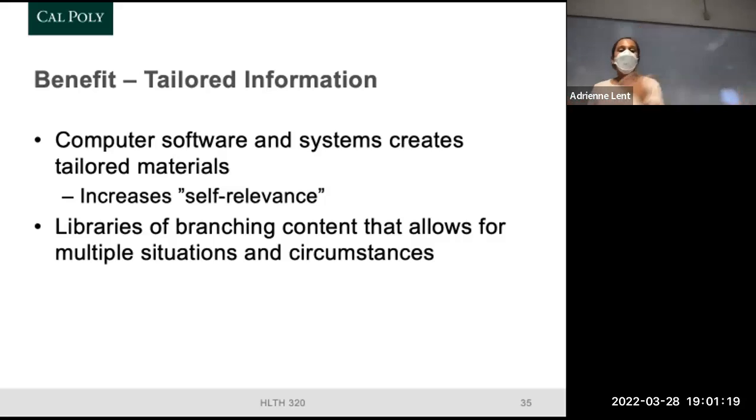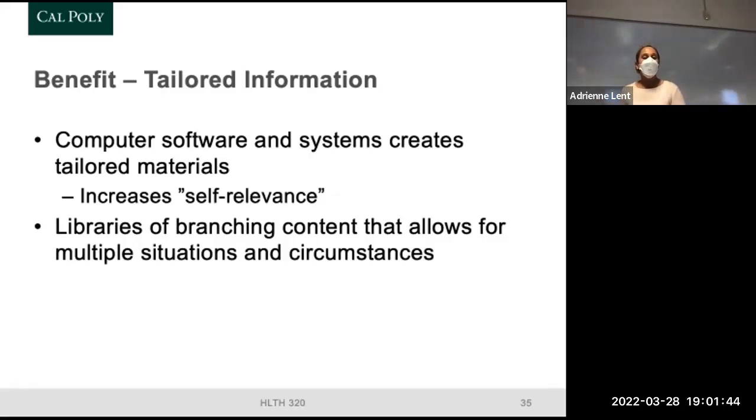So we can actually tailor information that we're delivering to different people, which can be really effective. Computer software and systems can create tailored messages. This increases self-relevance, right? So the self-relevance meaning that that information is actually relevant to that individual person, making it more likely, as I mentioned, for them to read that information, comprehend, and remember that information.